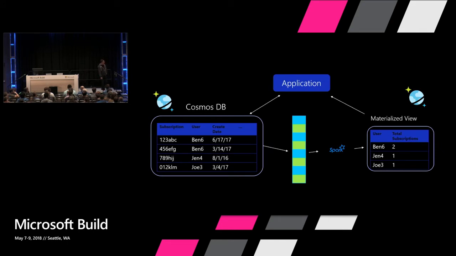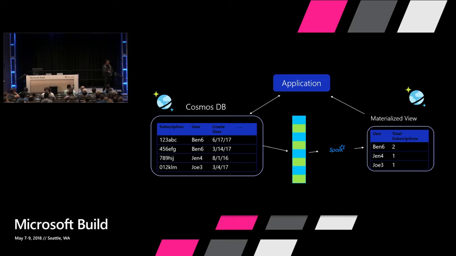Next is creating a materialized view. All the data is coming in, and as you must have heard or seen, Cosmos DB is all about very, very high throughput and low latency. We can easily go to 2 million, 3 million, 5 million requests per second.